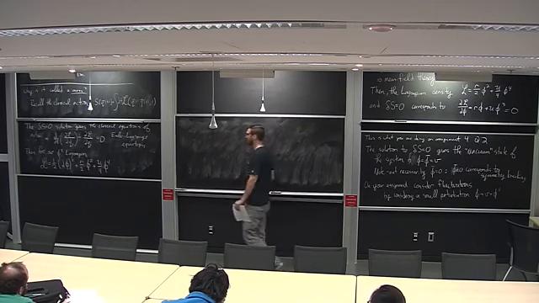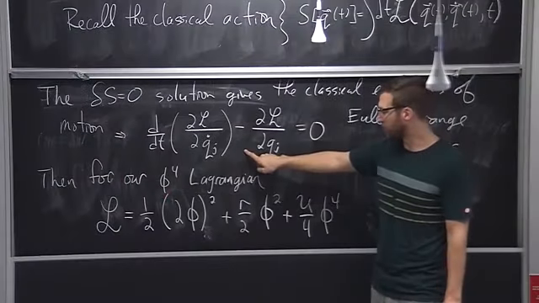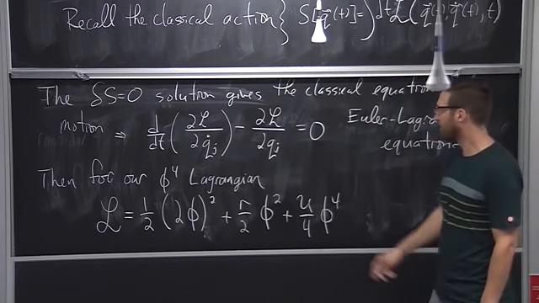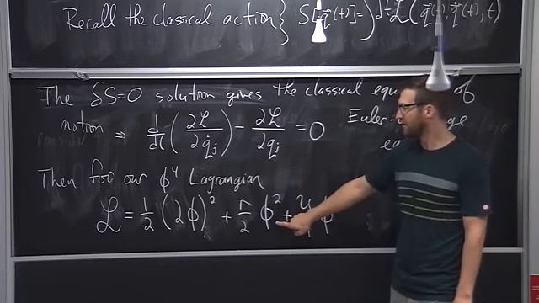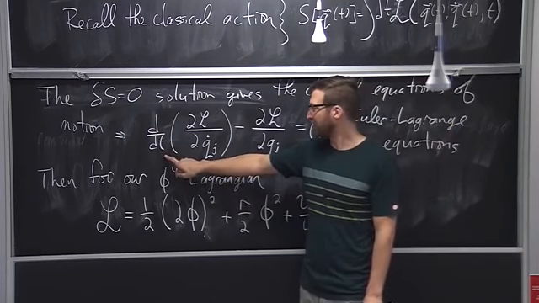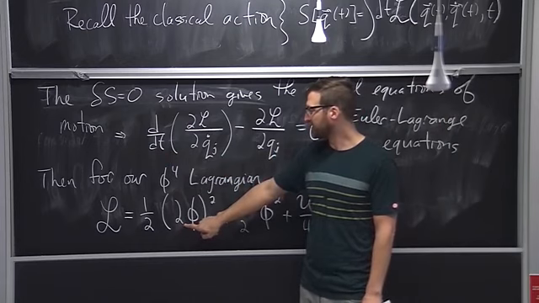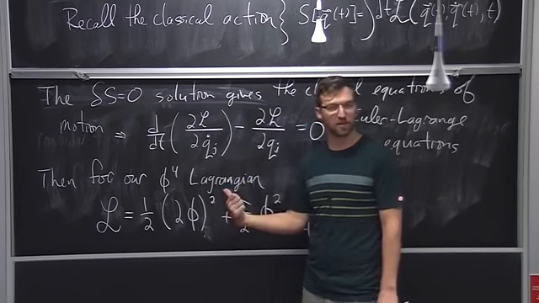Okay, so in general, I'm going to write an analogy to the Euler-Lagrange equations. But see, I have q's here, and the analogy of q's will be my phi's. So I need derivatives with respect to phi's, but I also need derivatives. Here I only have a time, right? But in the phi-4 theory, I need basically derivatives with respect to every coordinate axis, x, y, z, and time, right?